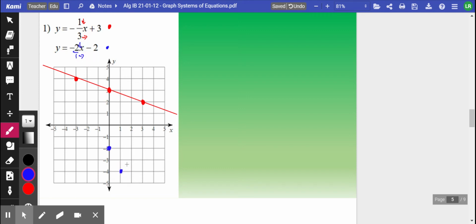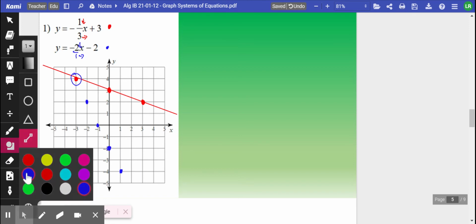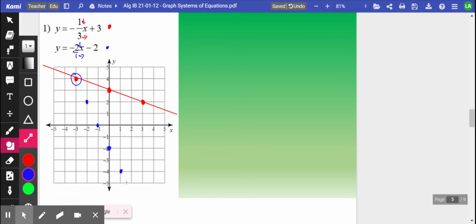And I need to go in reverse. I'm looking to see where this blue line that I'm making crosses this red line. And it should hit in one of these 3 points perfectly if I do it right. So up 2, left 1, up 2, left 1, up 2, and I like to circle it. So there's my answer. Don't forget to connect your points for that second line.